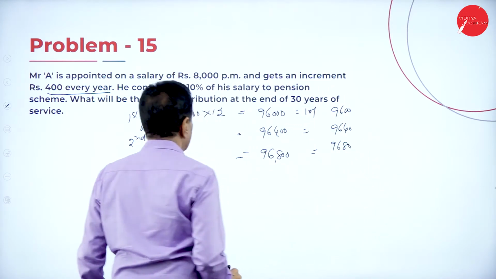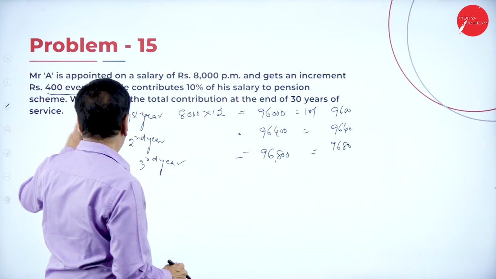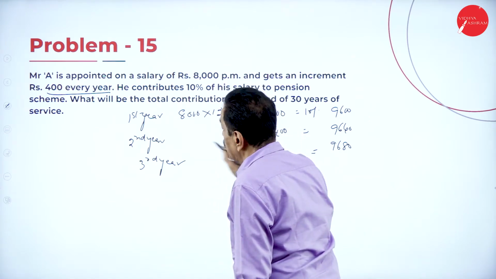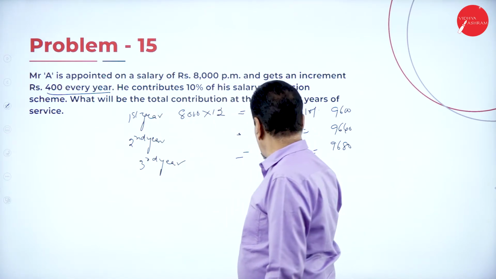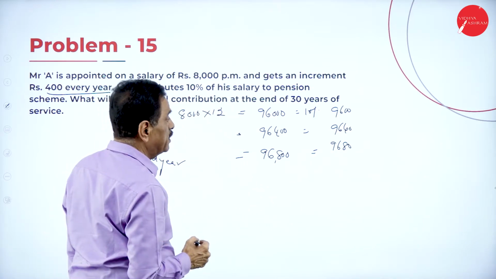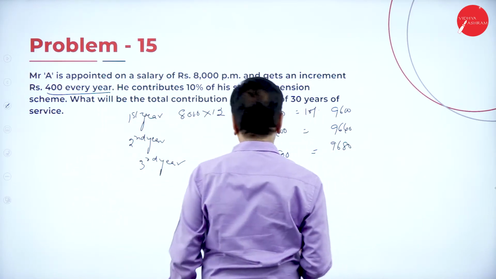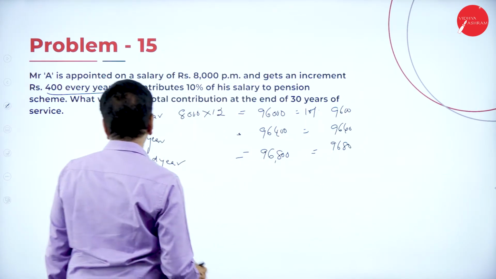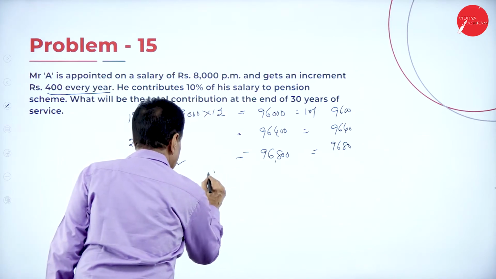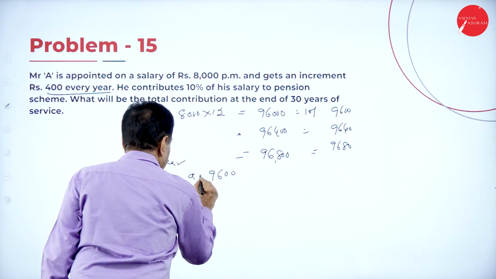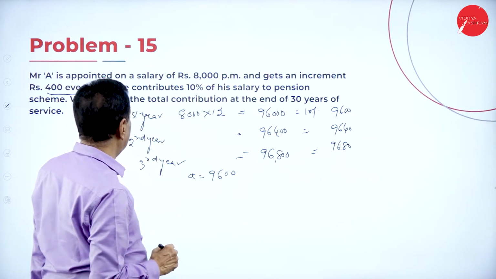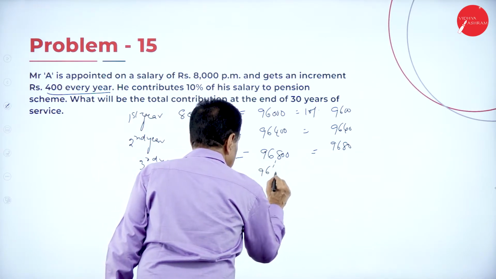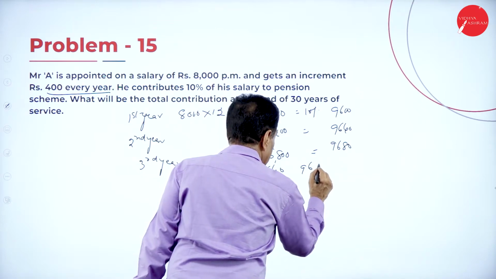What is the first year? 96,000, 10%. Every year it will go, not per month. So 8,000 per month means 96,000. Next year 96,400, next year 96,800. First year is 9,600, 10% salary contribution. Next year 9,640, 9,680.